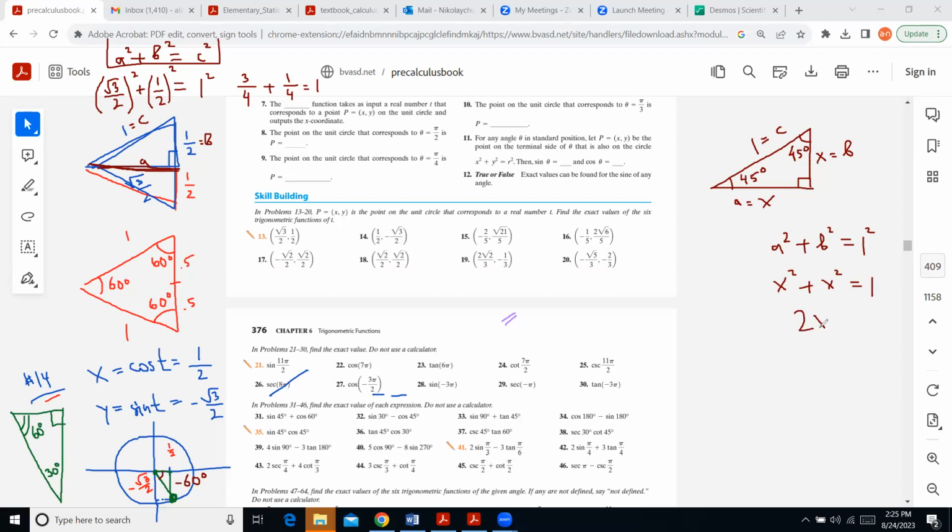Now I need to find x. We can solve a little equation here, and we see that x squared will be equal to 1 over 2. So I'm going to square root both sides. I'll just get x, and I can square root numerator and denominator, and I get 1 over radical 2.